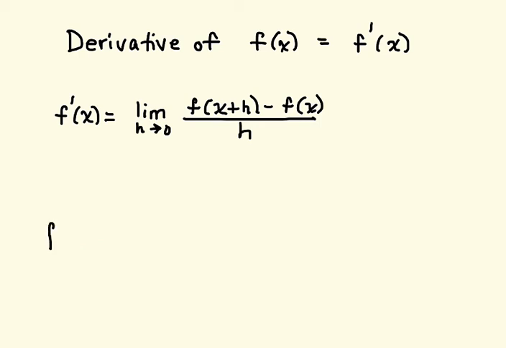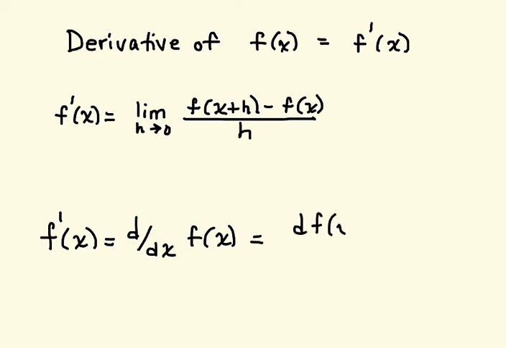There are a couple other ways to specify the derivative. You may see it written as f prime of x, that's the derivative. Or we say the derivative with respect to x of f of x, that's another way to write the derivative. Or you may see the derivative of f of x with respect to x, or you will see dy dx, and these all mean derivative.